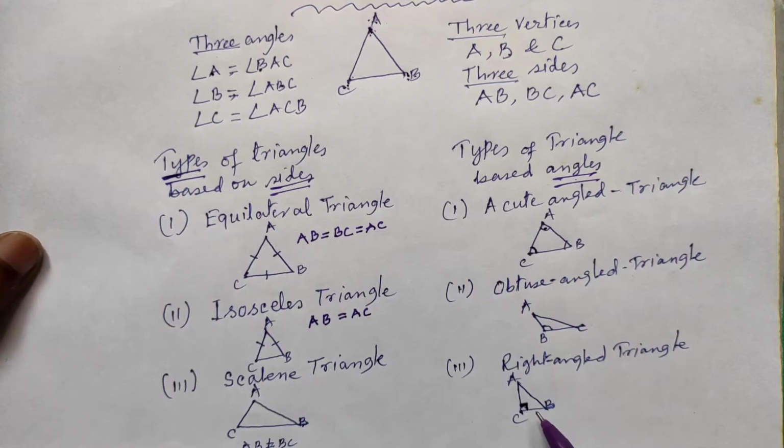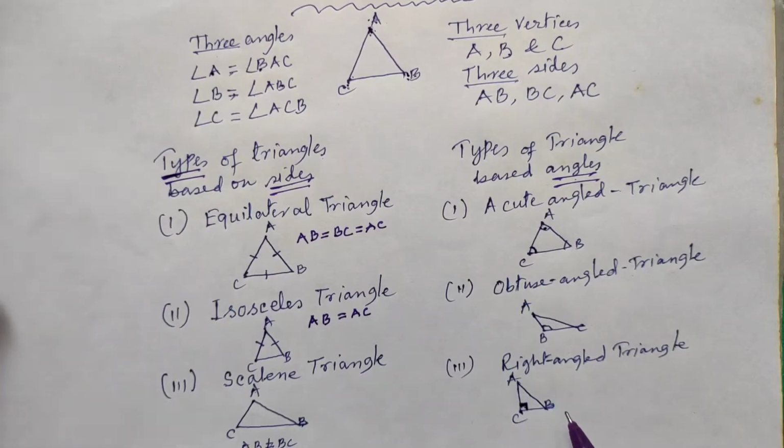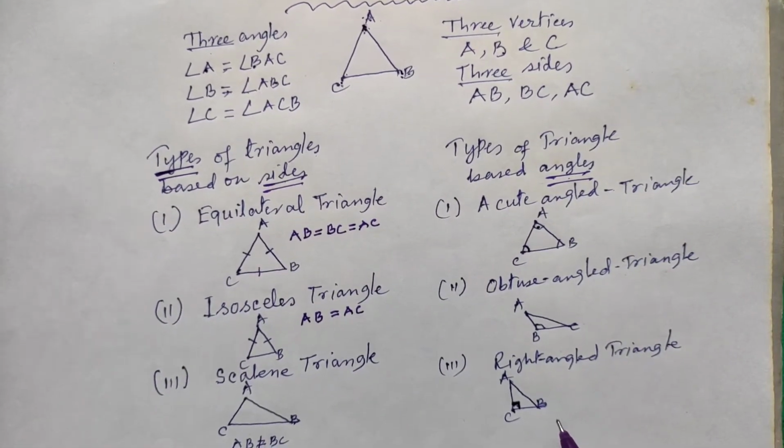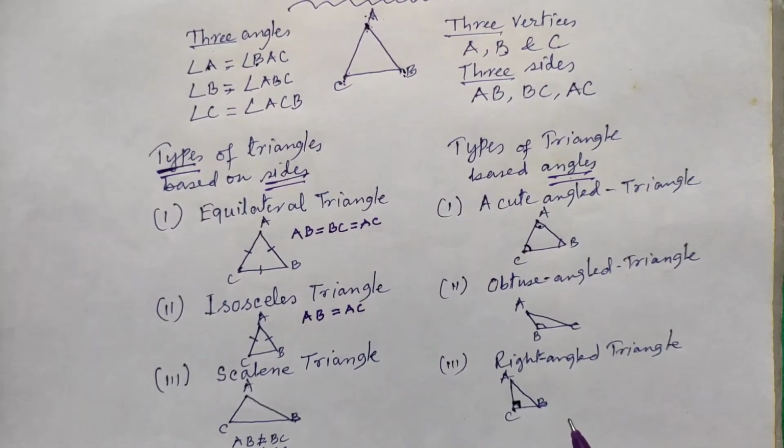Similarly, since the total sum of the three angles of a triangle is 180 degrees, if one angle is 90 degrees, then the other two angles can be 90 divided by 2, that is 45 degrees. That means this angle will be 45 and this angle will be 45.